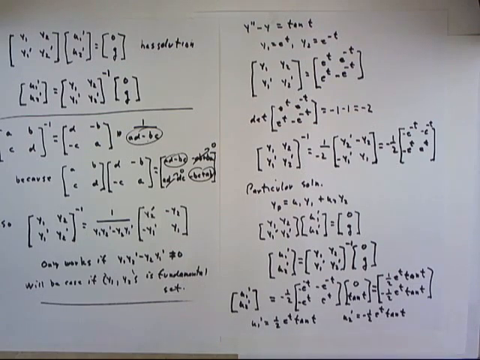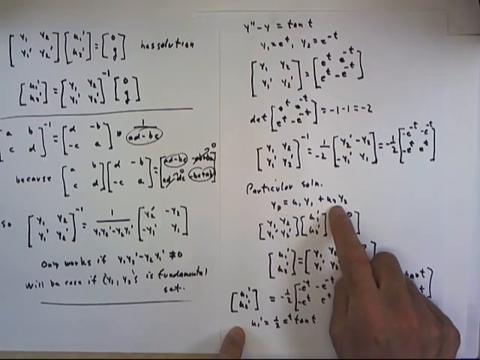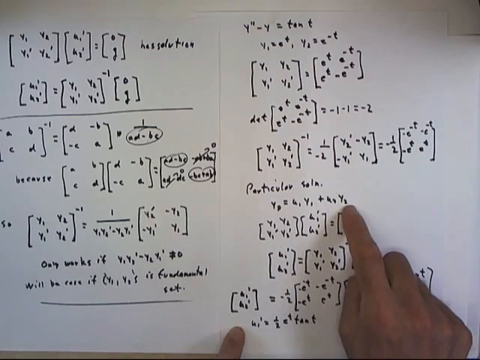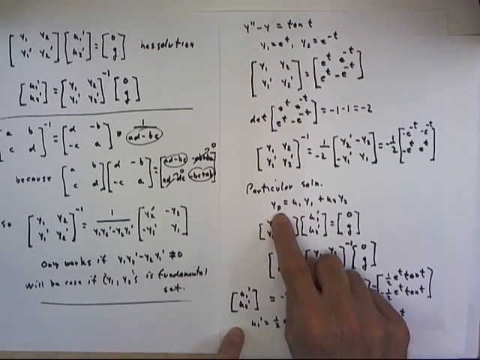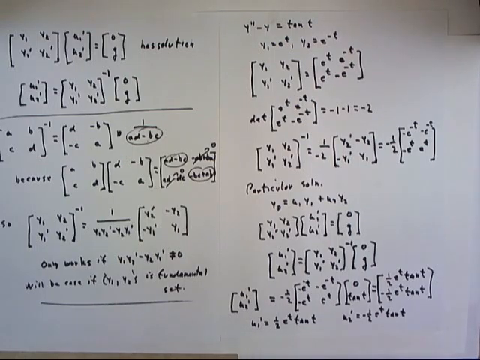If we can integrate these two functions to find U1 and U2, because of course what we have here is U1 prime and U2 prime, we will then have a function U1 and a function U2 that we can substitute here, along with Y1 and Y2, which are just e to the t and e to the negative t, to get our particular solution.